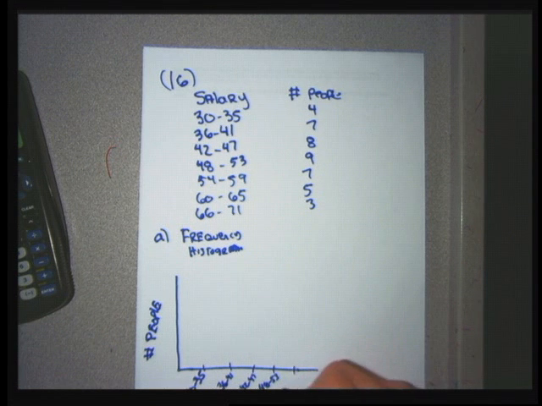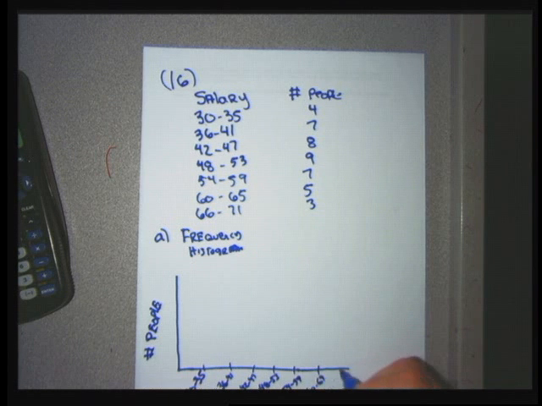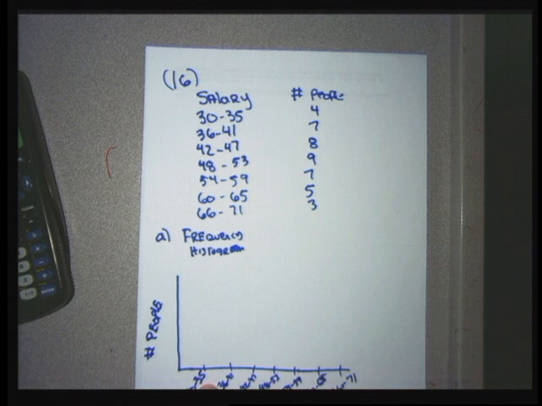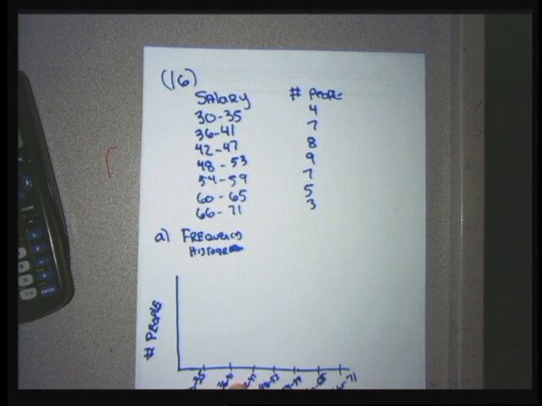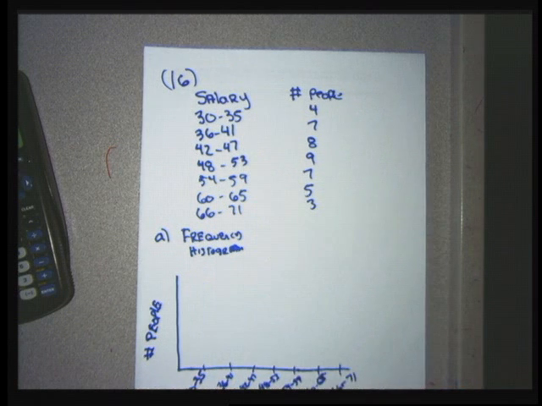There's definitely room for some variability, and this just looks better to me than what the author does. So I'm happy to write that. But if on your x-axis you put 32.5, 38.5, and found the midpoint of each of these, rather than writing the whole class, that's completely fine.